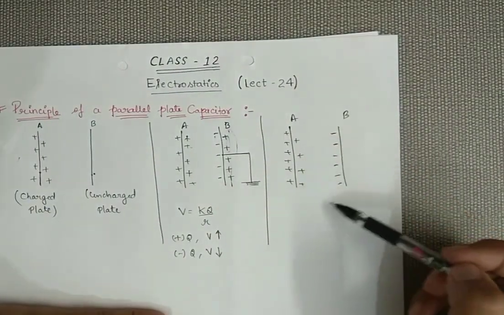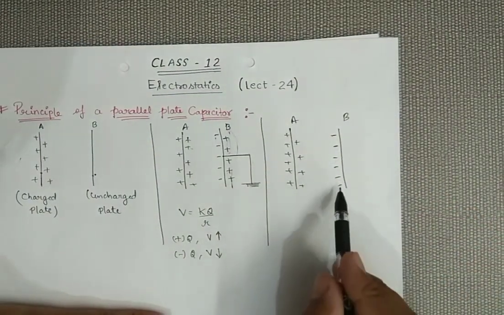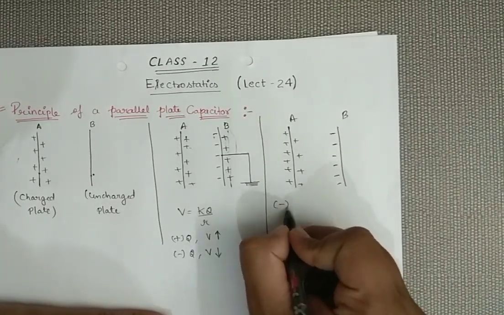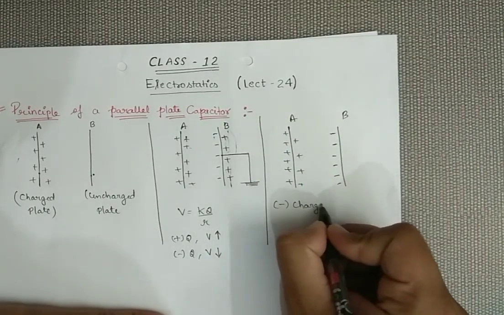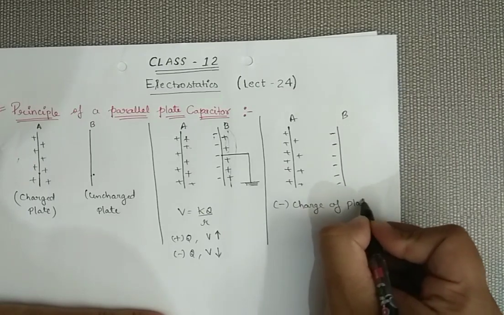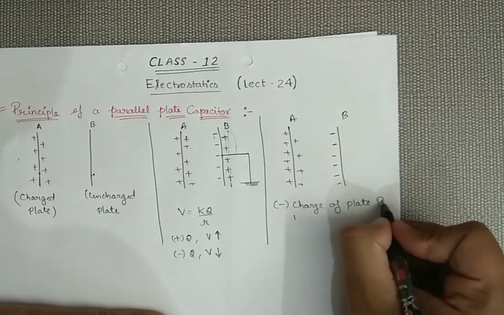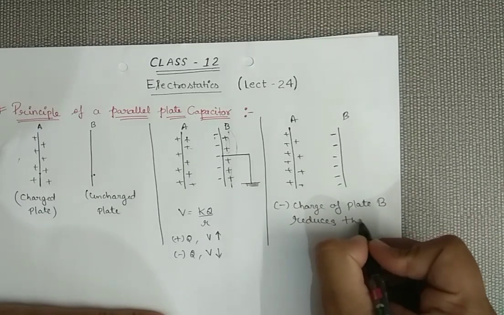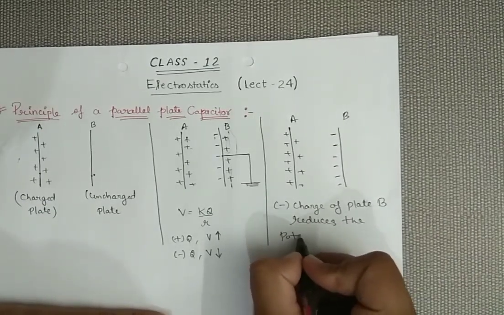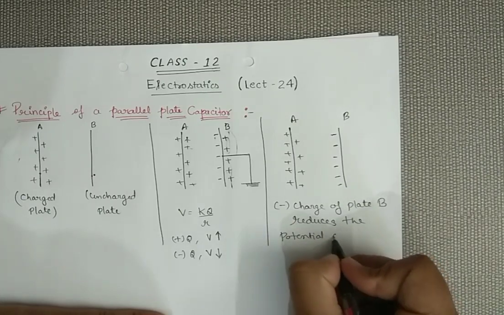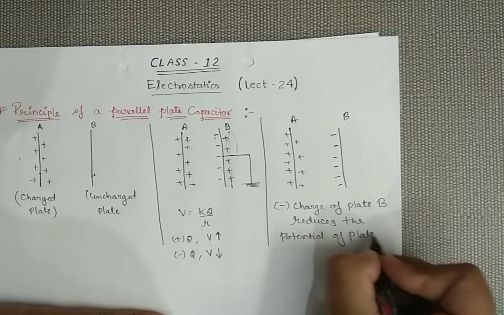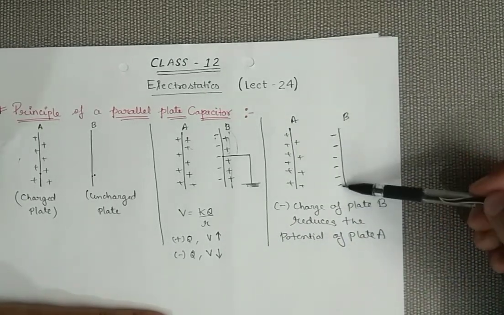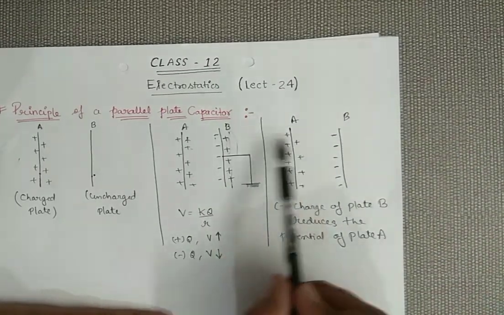So there is only negative charge on plate B. This negative charge of plate B reduces the potential of plate A.